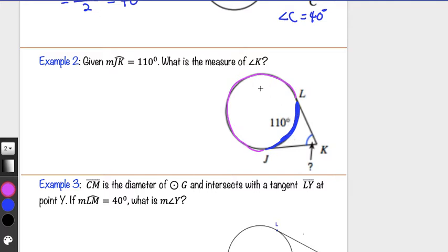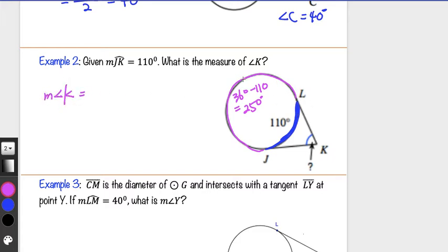So we know the rest of the piece here is going to equal 360 minus 110. Because the whole circle is 360, we clearly know it's going to be 250 degrees for the bigger one. So now we have enough information. We just need to plug into the formula.